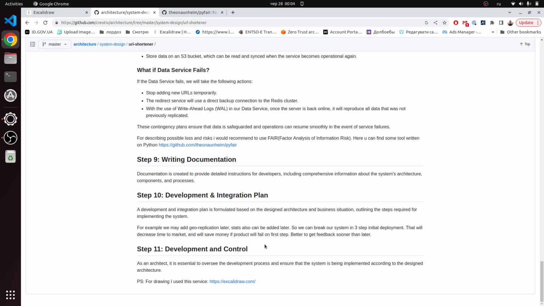Also, you may need to develop your system with additional versions, for example, version 1, version 2, version 3. Why? Because as business develops, some things change, requirements change, and this also needs some control to understand that it's time to move something out and replace it with another thing.